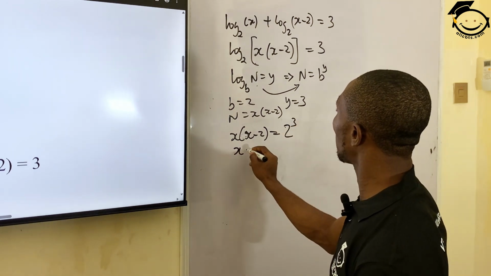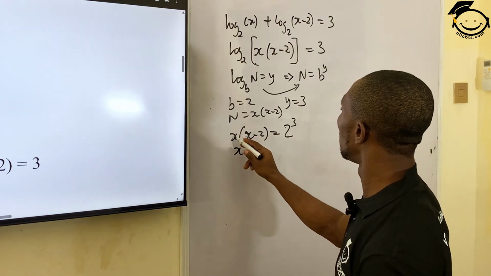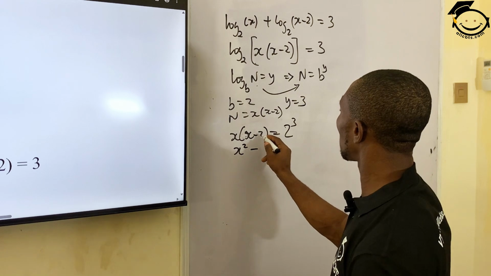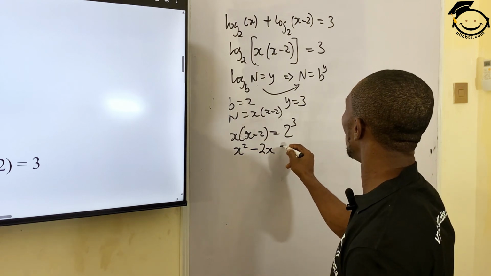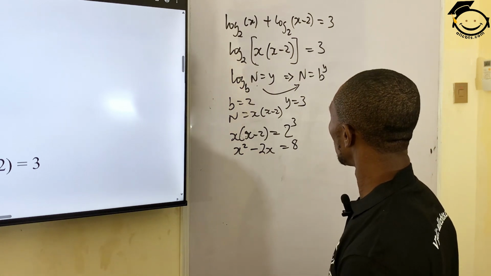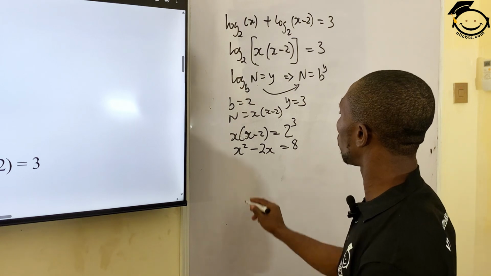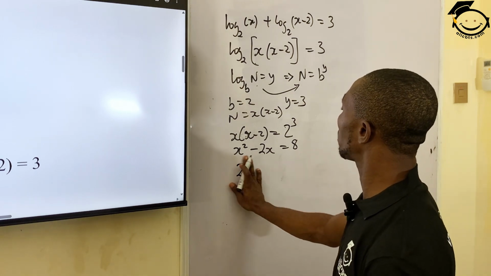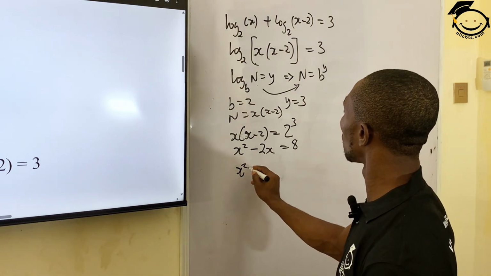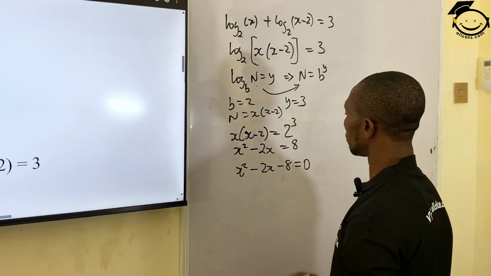And this will give us x squared, x times x, minus x times 2, 2x, equals 2 raised to power 3, which is 8. So now, let's form this as a quadratic equation. It will give us x squared minus 2x minus 8 equals 0.